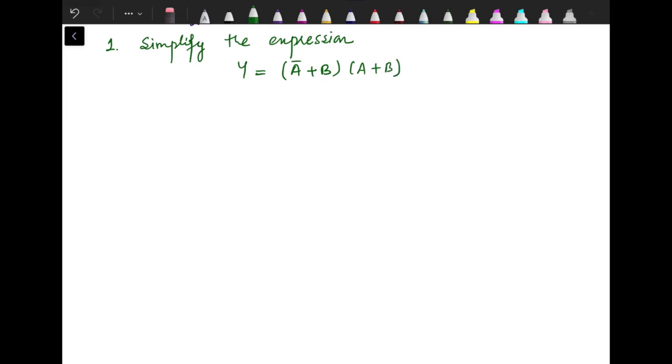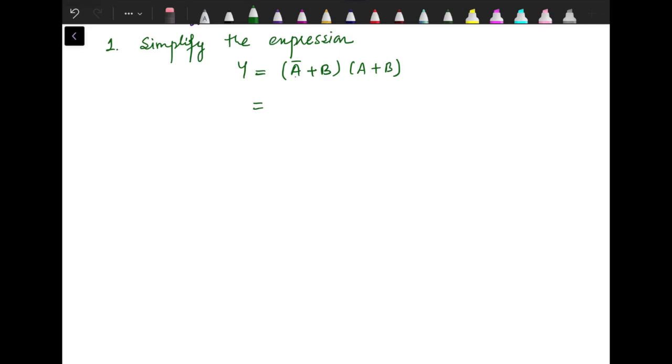Now what we need to do is use as many laws as possible which are available to us. It can be some theorem, law, or rule. Now what can we do? We can firstly expand this Boolean equation.